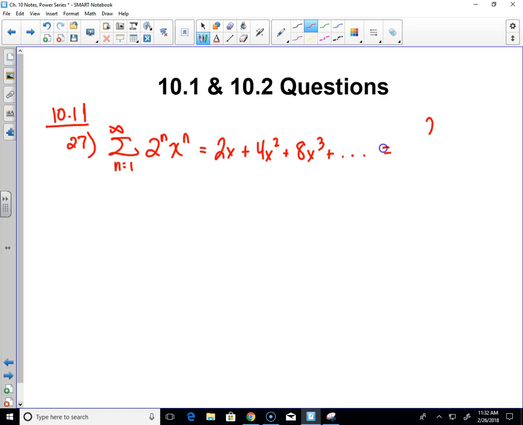I think it would be 2x over 1 minus 2x? I got what John got, when I derived it. I got 1 over 1 minus 2x.